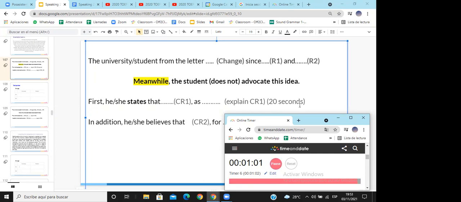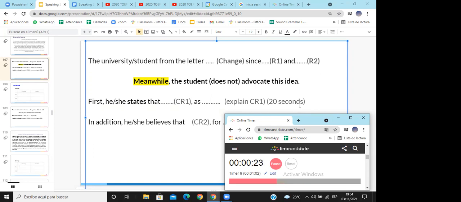Okay, the university proposed to pave the running race with cement because since it increases the safety and the race is going to look nicer. Meanwhile, the student doesn't like the idea because first he states that the pavement with cement is going to be hard for the body of the runners.